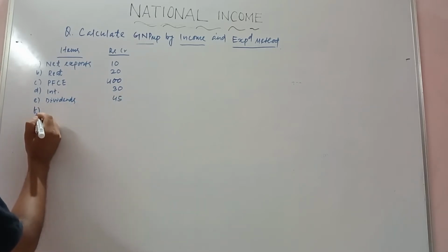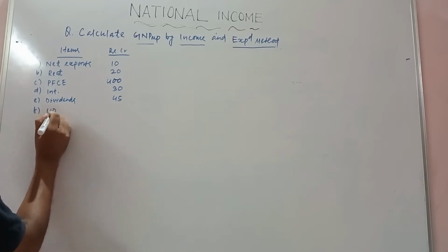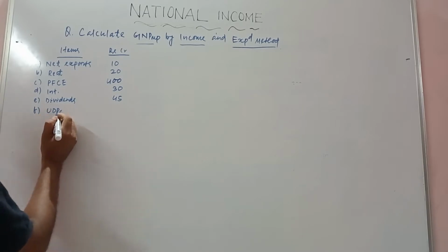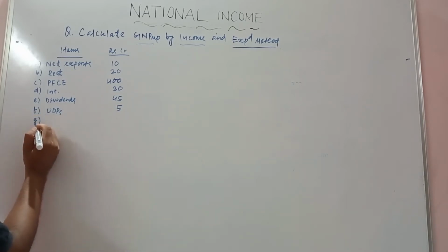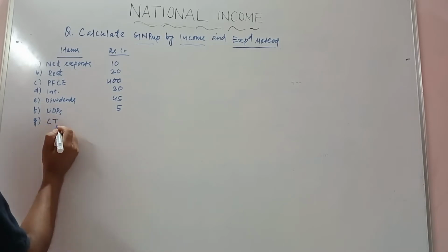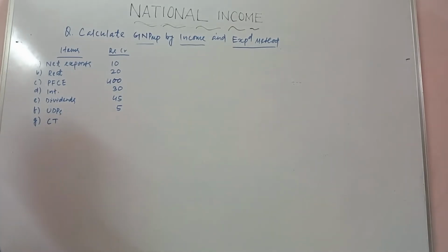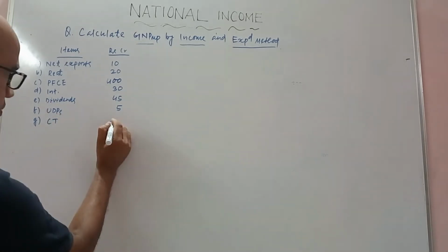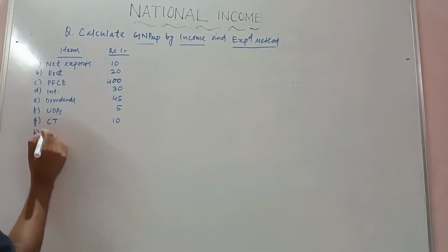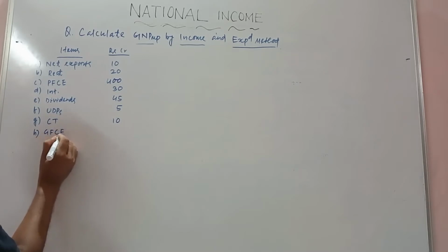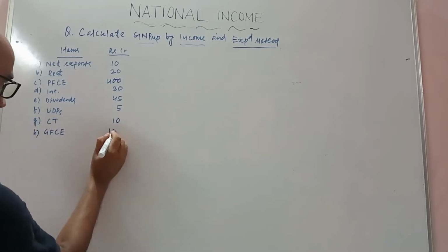After that, undistributed profits, UDP, is mentioned as 5. Next, corporate tax, CT, is mentioned as 10. Then GFCE, government final consumption expenditure, is 100.